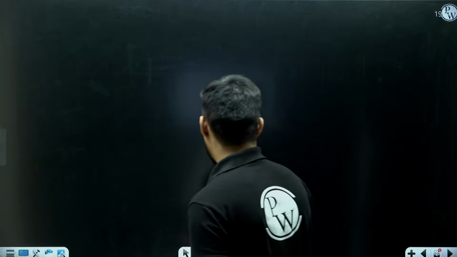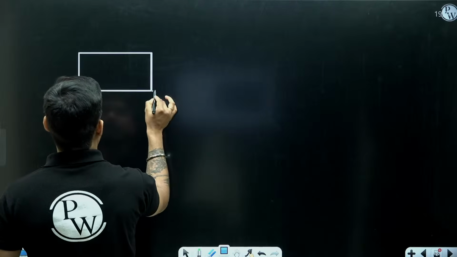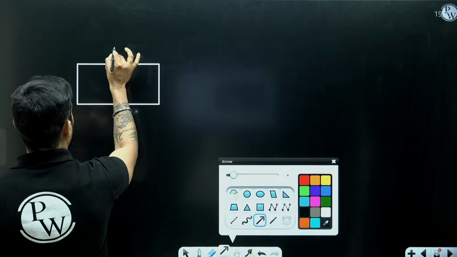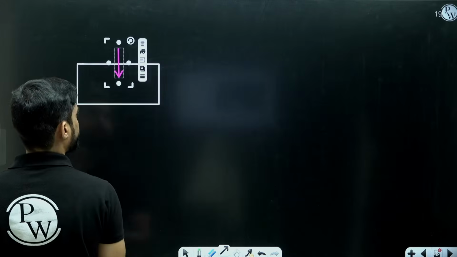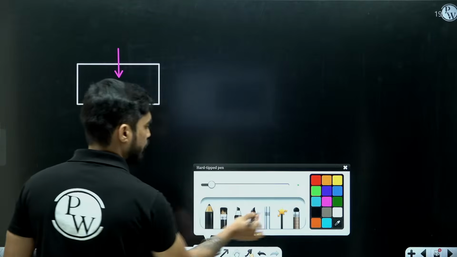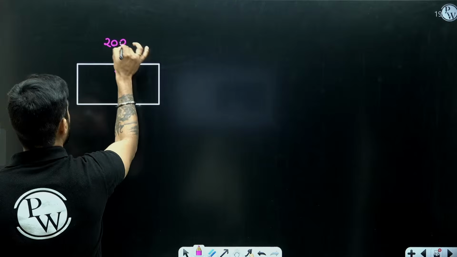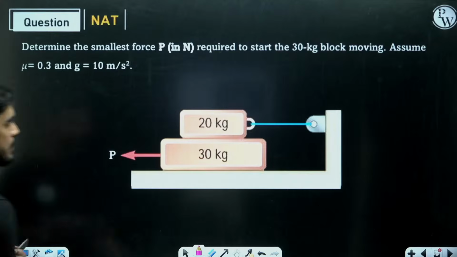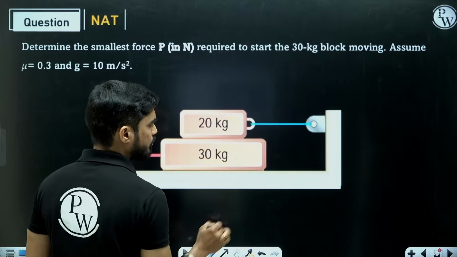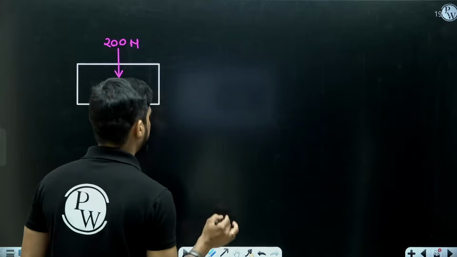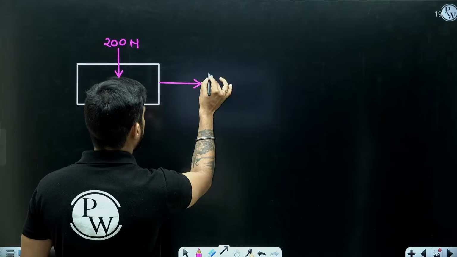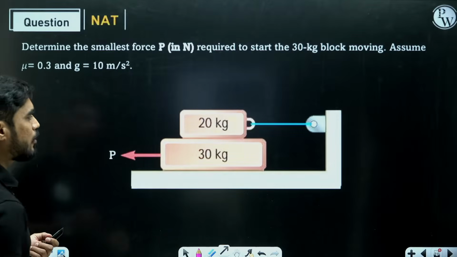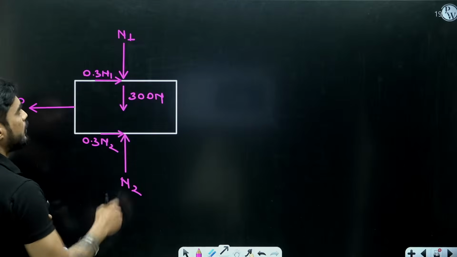So if I draw the free body diagram of the 20 kg block, what will be the forces? Weight of the 20 kg block, 20 into G, G is 10, so this is 200 Newton. Now this 20 kg block is connected to this cable, so if you isolate this block from the cable, you will get the tension of the cable T. Now there will be a normal force between 20 and 30 kg, this N1.